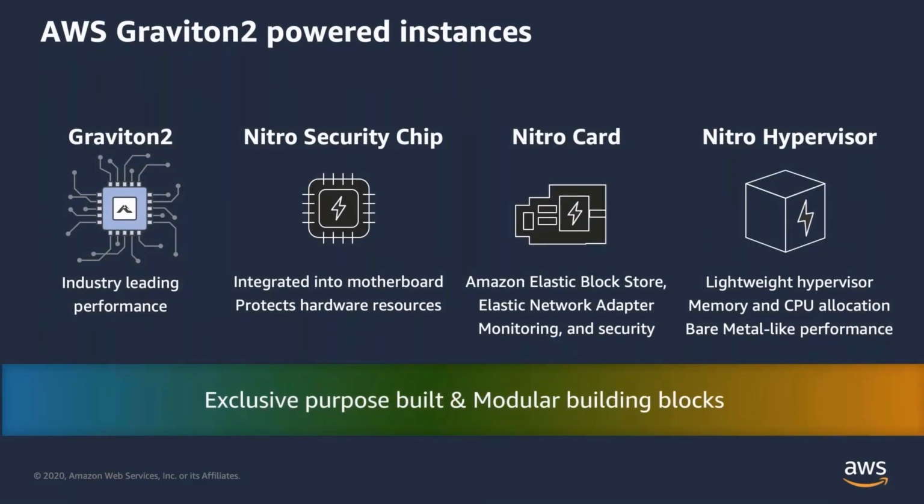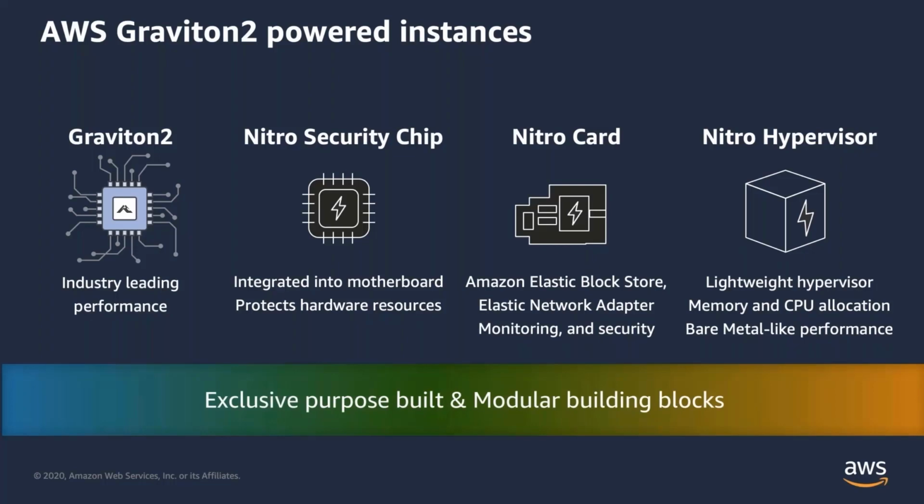So the Graviton2 based instances are powered by the Nitro framework, which is a hardware framework that AWS built to be super flexible as far as the kind of processor we can embed and super fast to introduce new instances.